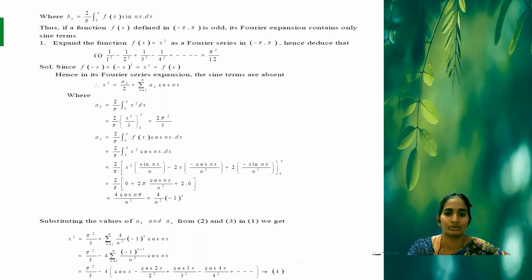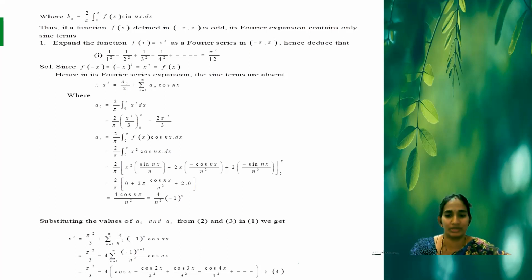Plus 2, the differentiation of 2x is 2, times the integration of minus cos nx by n squared, which is minus sin nx by n cube. So your value is minus sin nx by n cube.